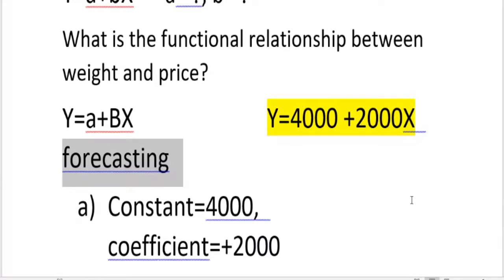Okay. Now I already discussed this point with you, that you have learned about price function.